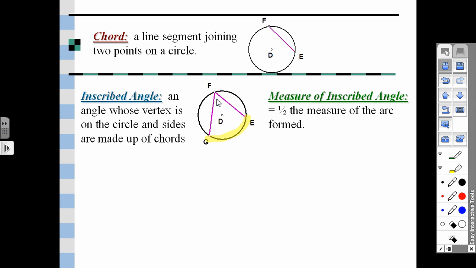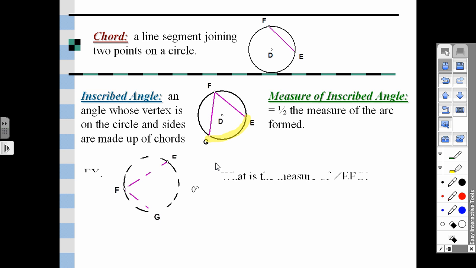We could also go the other way. So what if we knew that angle F measured, say, 40 degrees? Then we would be able to know that this arc is going to be twice that. So if this angle is 40, then this arc is going to be 80 degrees. So here's another example. Hopefully you've already figured this out.